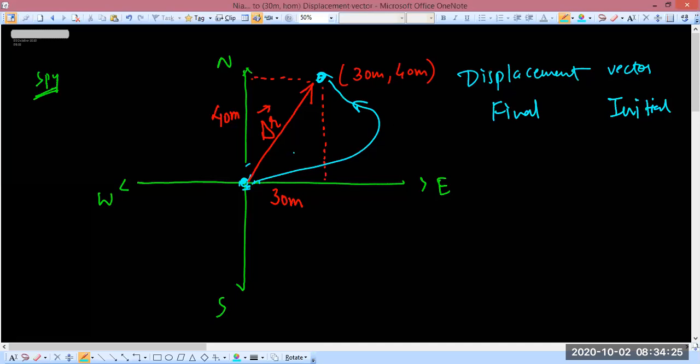All right. So I'm going to write something here. I can say that the displacement vector is actually 30 meter east along with 40 meter north. Do you understand what I've written?